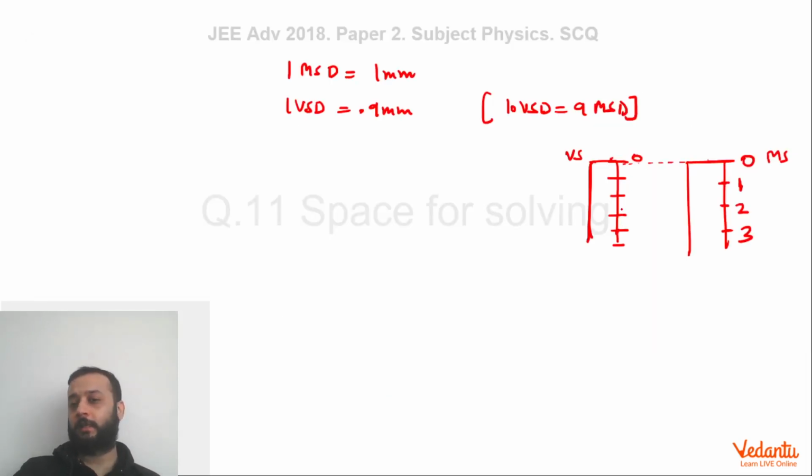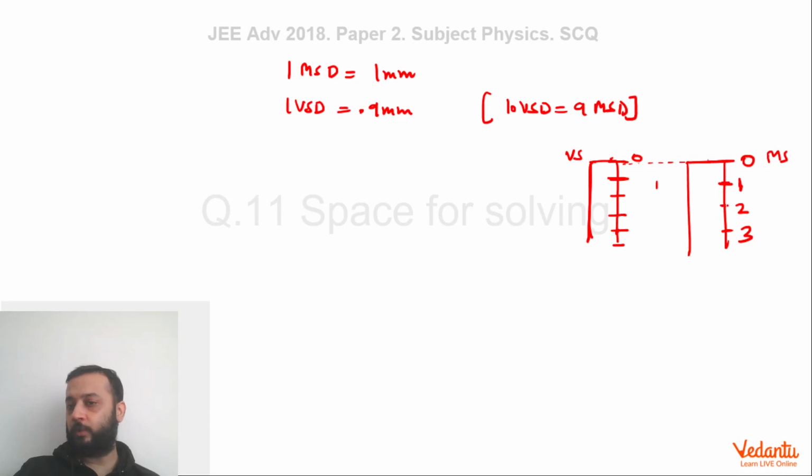Now let's ask. If you think carefully, this 1 mm and this first division, the slight difference between these two will be 0.1 mm because this is 1 mm, this is 0.9 mm. Similarly, this is 2 mm and this is 1.8 mm.